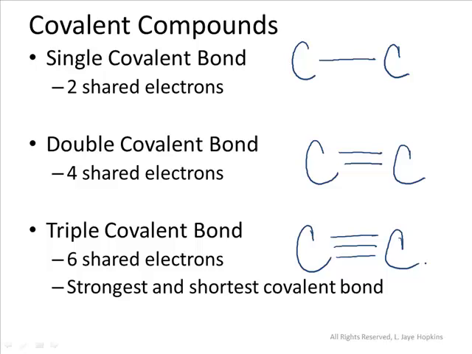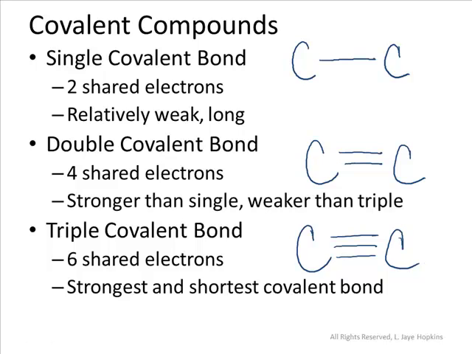It brings the atoms as close together as possible, and it also binds them together. It would take the most energy to break a triple bond. On the other side of the spectrum, the single bond is a relatively weak and longer bond compared to double or triple bonds. The double bond in the middle is stronger than the single and weaker than the triple bond.